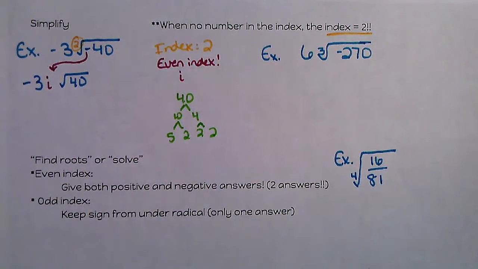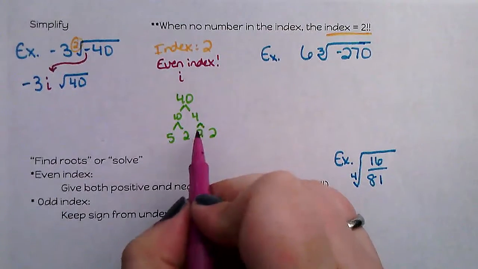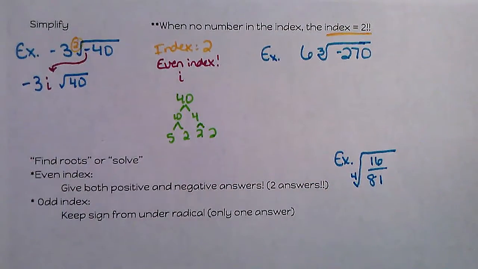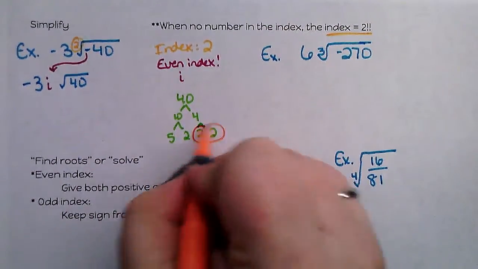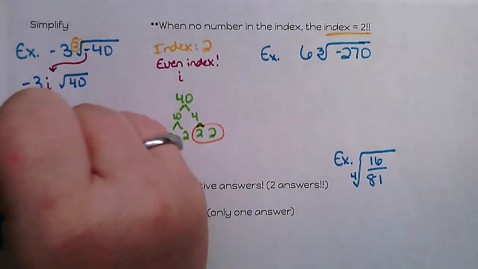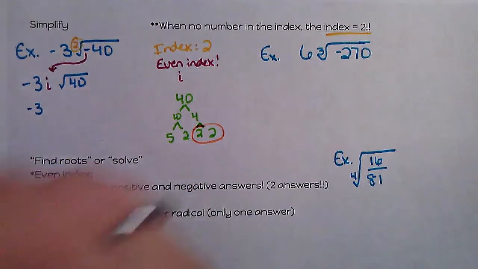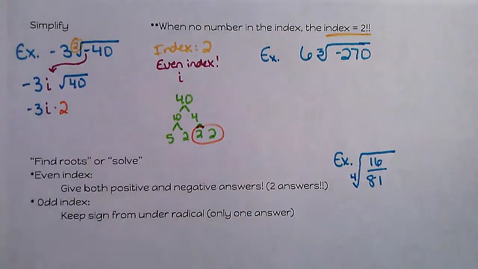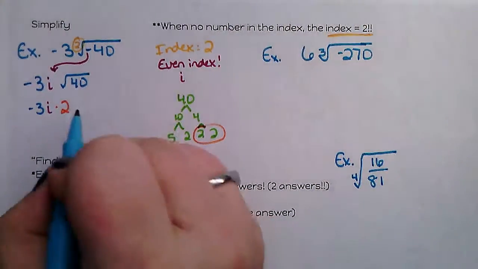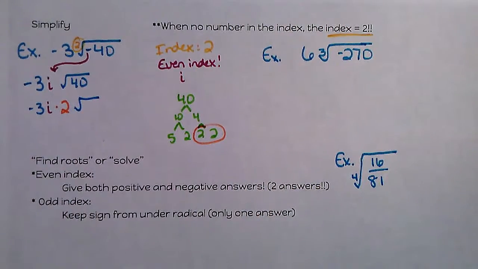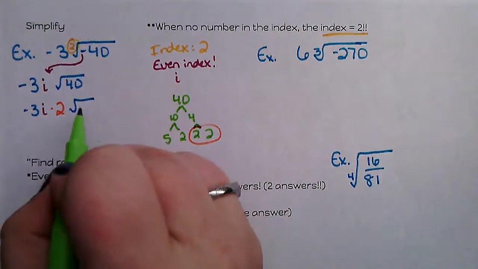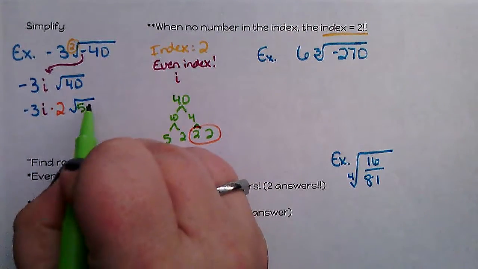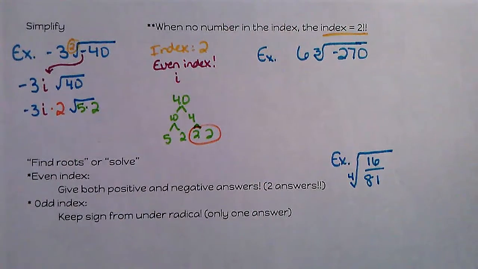Okay, so I have an index of 2, so I circle 2 pairs. So I have -3 and i, and then my pair of 2s goes out front, and my square root still has this 5 and the 2 that didn't get to join a group.